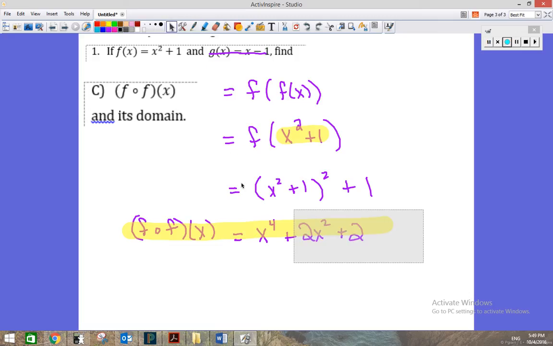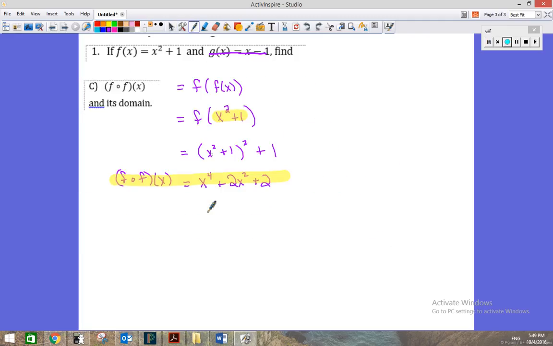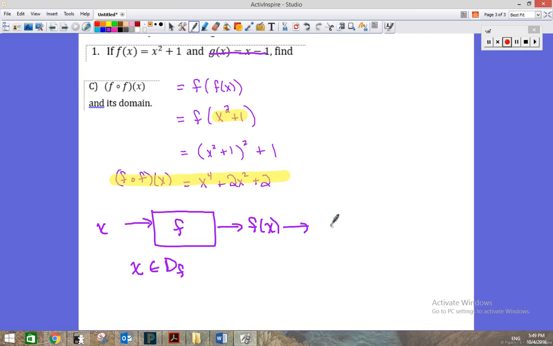Now, when you're figuring out the composition, x has to be in the domain of f to get an output. Well, it's definitely in the domain of f because the domain of f is all real numbers. This f of x now goes into, well, another f. This f is duplicated.